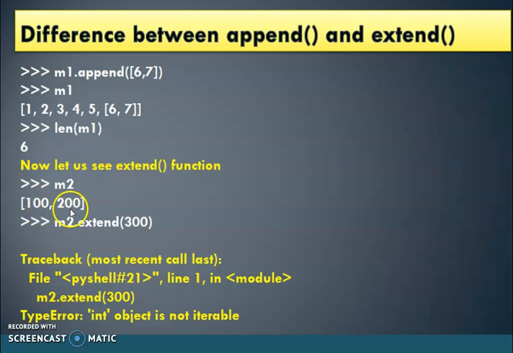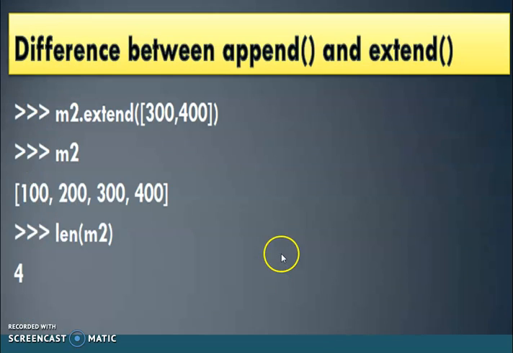See here, M2 is [100, 200]; M2.extend(300) is not possible because it is only one element, so it will report an error. Here, M2.extend([300, 400]): this one is a list. So M2 is 100, 200, 300, 400. len(M2) means 4.